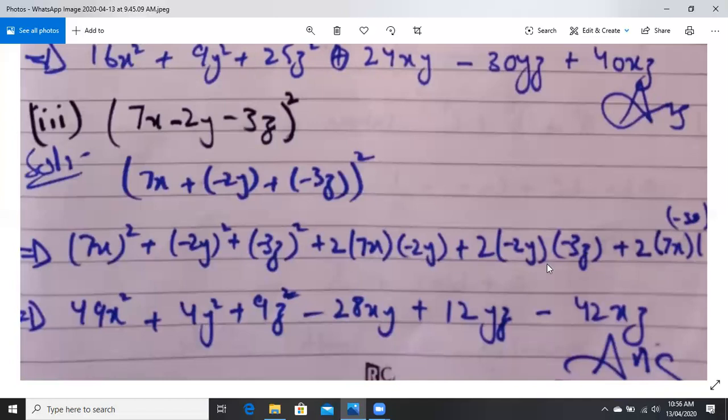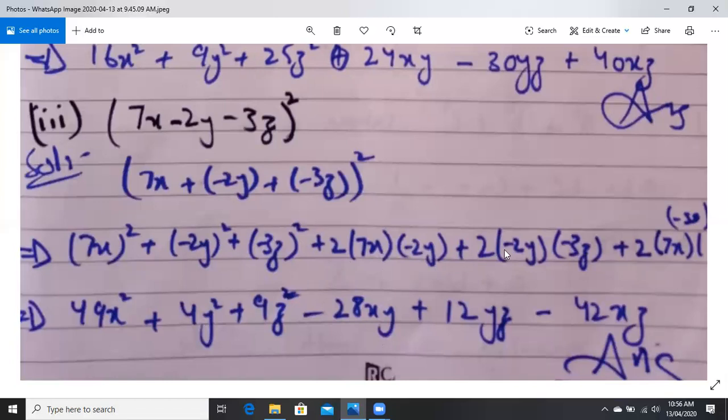So just putting in the values, the square of 7 is 49, so 49x square, minus 2 square is 4, so 4y square, and minus 3 square is 9, so 9z square. Similarly, plus minus minus 2 times 7 is 14, 14 times 2 is 28, x multiplied by y is xy.